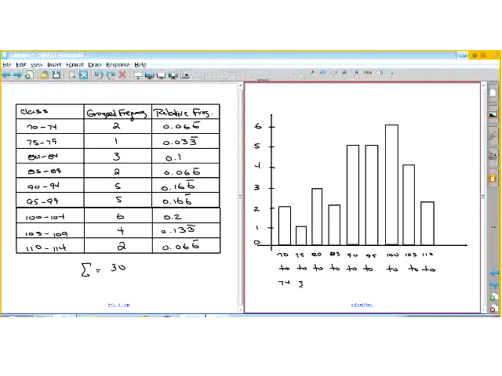And then the top numbers: 74, 79, 84, 89. I'm just counting by 5s: 89, 94, 99, 104, 109, 114.